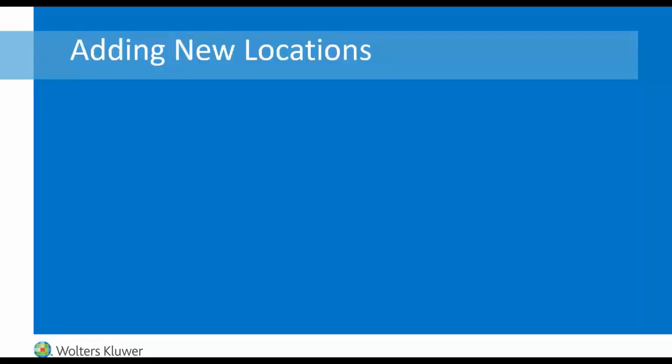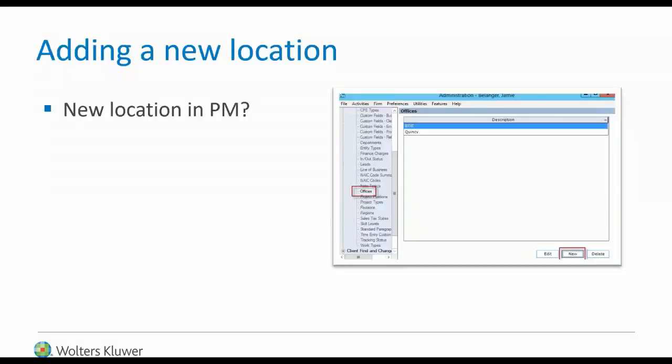Let's talk a little bit more about adding a new location. Adding a new location inside the practice management application is fairly simple under the administrative account. You can go underneath the offices and add in any office location you would like to start tracking.